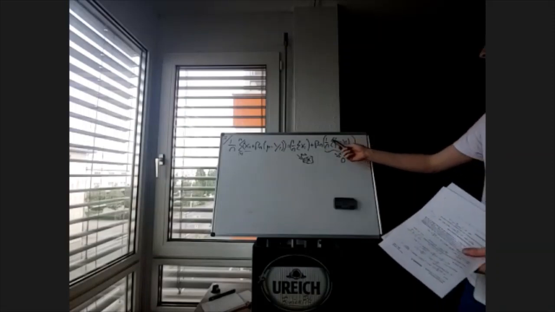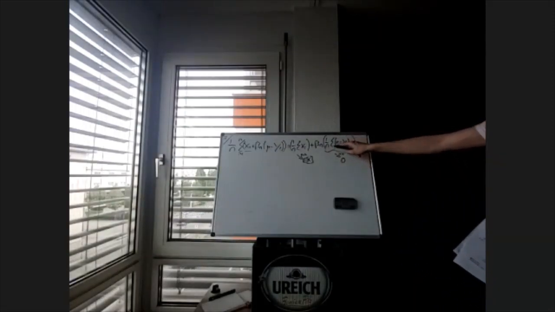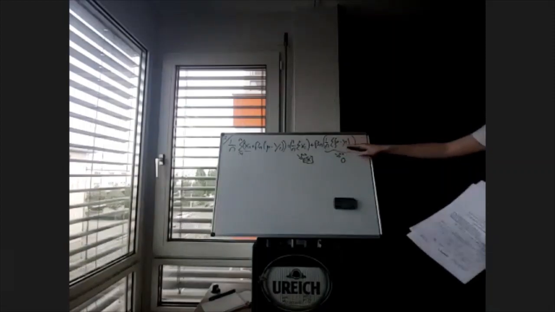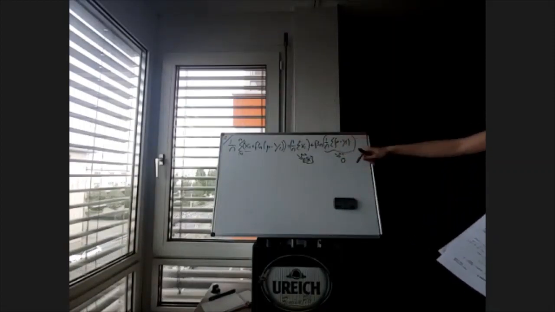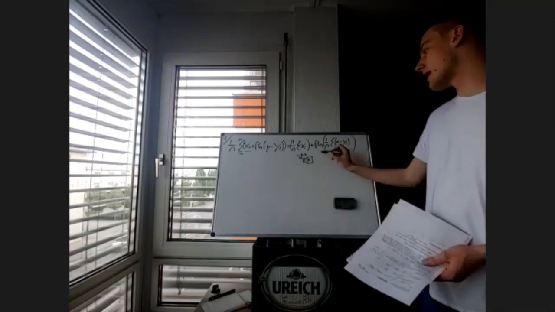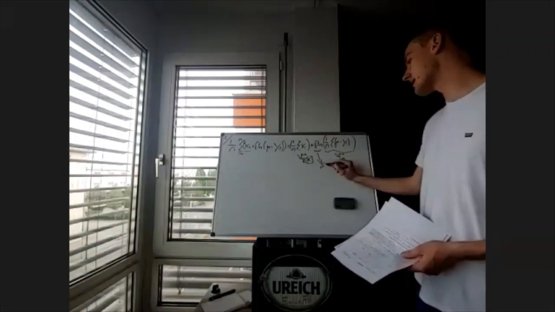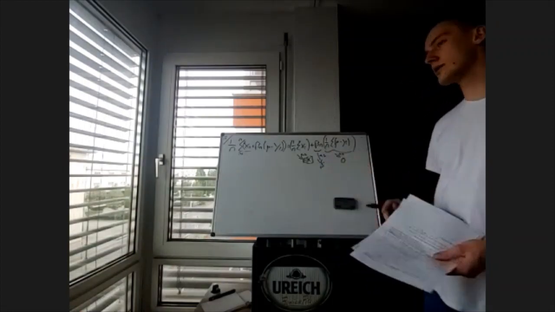So what we have in this part here is just the expectation of y minus the expectation of y when n goes to infinity. So this is 0. And from part 1, we know that this goes to beta star, almost surely.